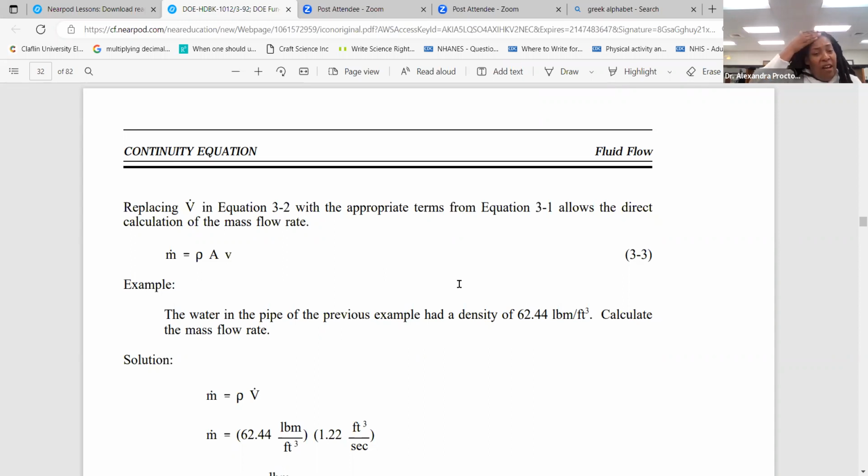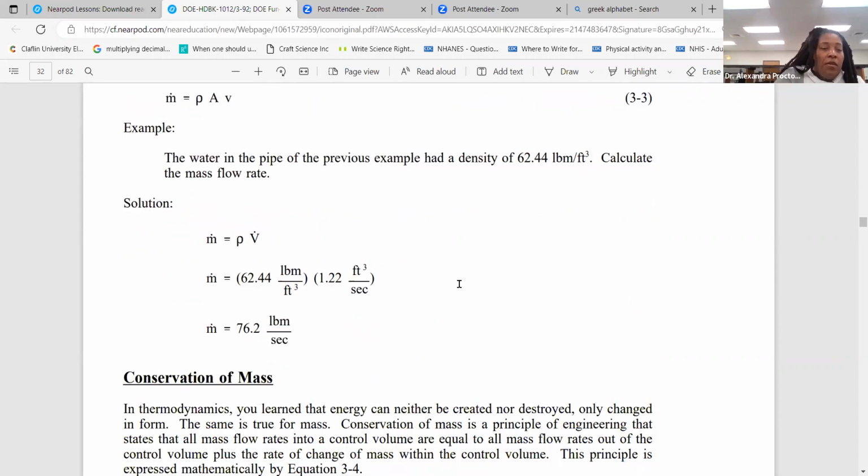They ask you to calculate the mass flow rate. So M is equal to rho times V. M is equal to 62.44 pound mass per cubic foot times 1.22 cubic feet per second. And so the mass flow rate is 76.2 pound mass per second.